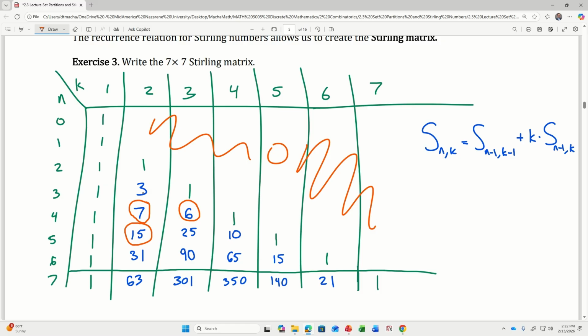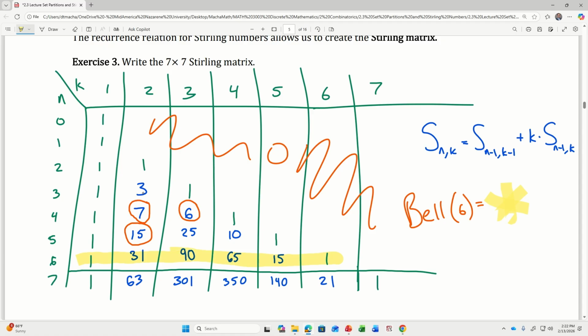How would I calculate a Bell number? Add up all the numbers in the rows. Yeah, exactly. If I wanted the 6th Bell number, I would just need to add up the horizontal here.